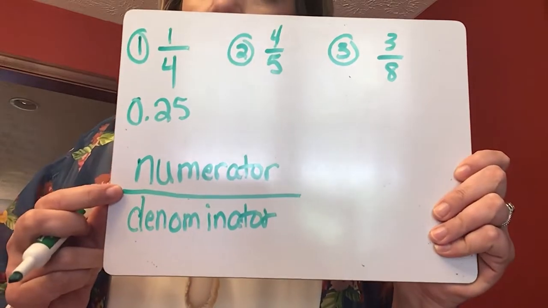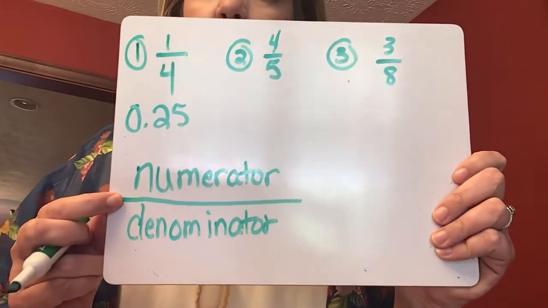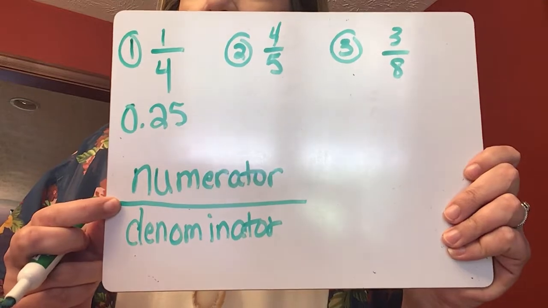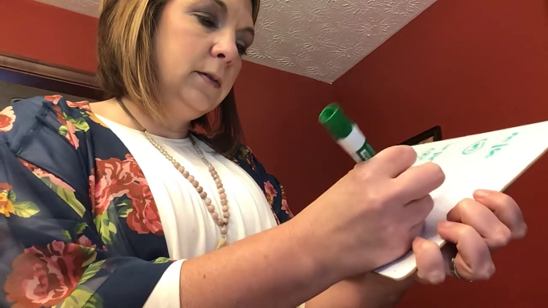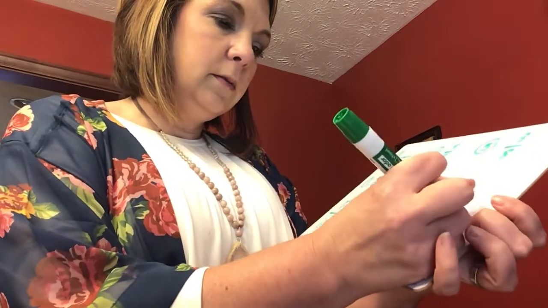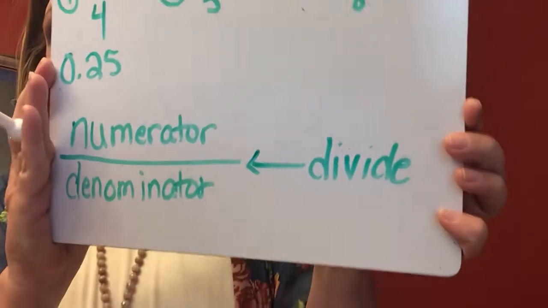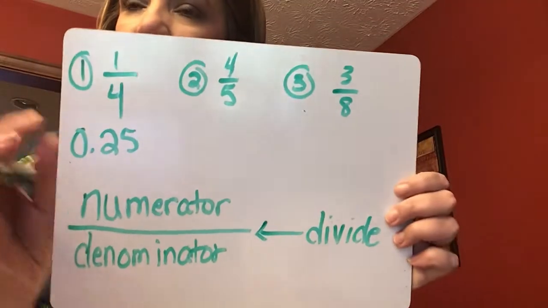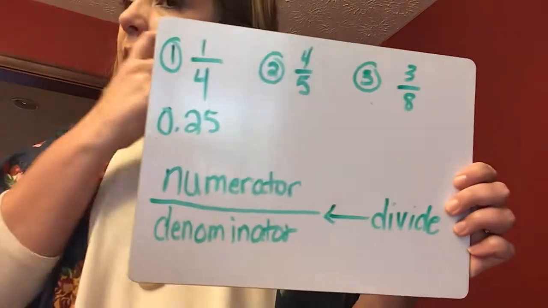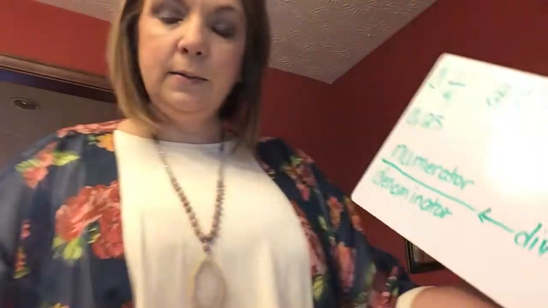And I hope a lot of you at home are sitting there yelling out what it tells us to do. But in case you've forgotten, I'm going to remind you. Our fraction bar tells us to divide. Divide. We want to divide. And remember, when we're dividing, it's top in box. Okay? So top in box.